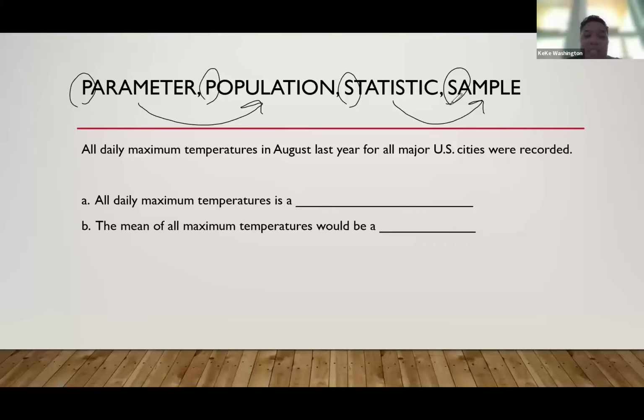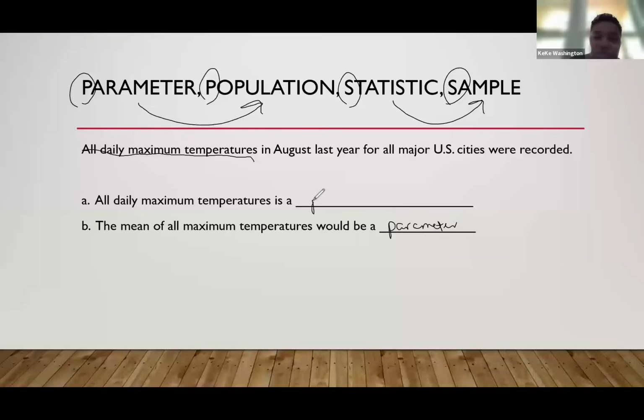So all daily maximum temperatures in August last year for all major US cities were recorded. So all of the daily temperatures in August, that would represent my population. The mean of all of the maximum temperatures is going to be the parameter because it's the numerical value of the population.